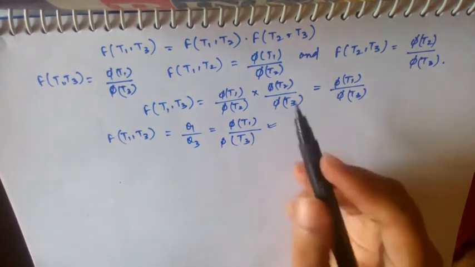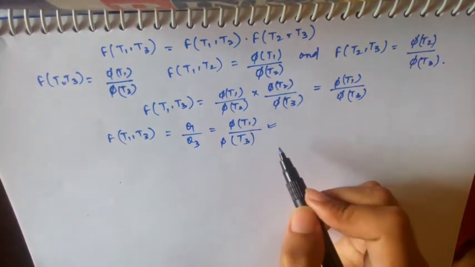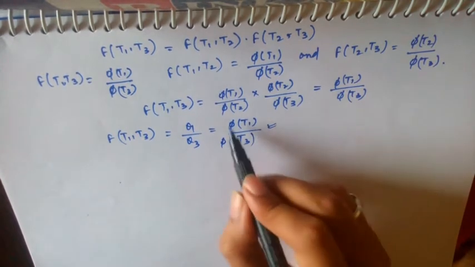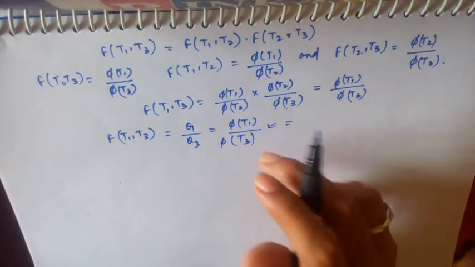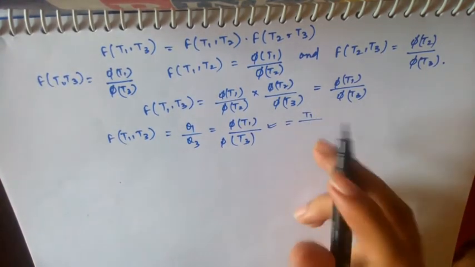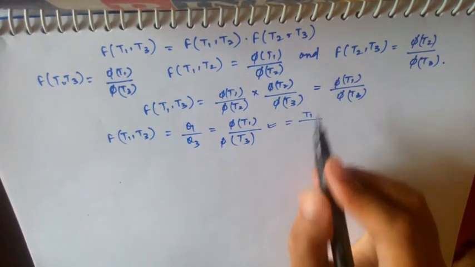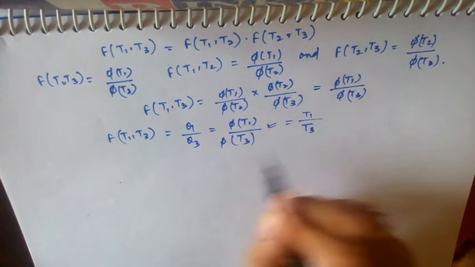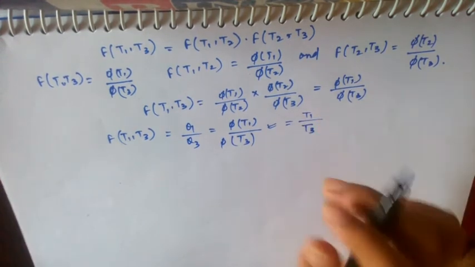Now Kelvin was the first person who said that this function can be taken as the Kelvin temperature, that is, Kelvin temperature of thermal reservoir first and Kelvin temperature of thermal reservoir third.